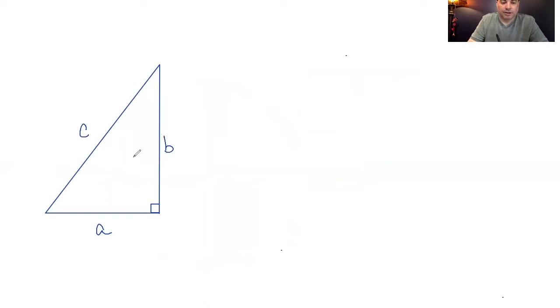Remember, on a right triangle, you can find any of the sides if you have the other two sides using the Pythagorean Theorem, which goes a squared plus b squared equals c squared, where c is the hypotenuse, or in other words, the longest side of the triangle.